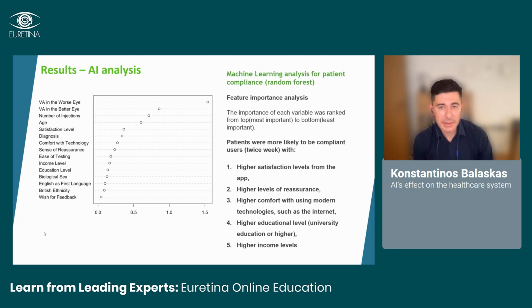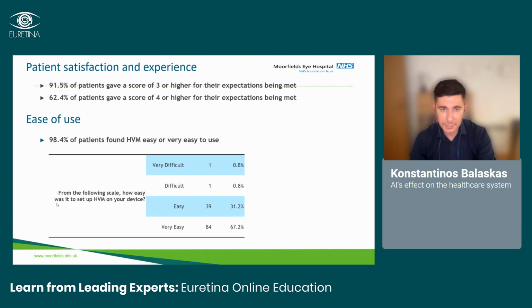And we also found that the level of satisfaction that they experience, the level of reassurance, how comfortable they feel with the use of modern technologies, such as the internet, higher educational level, higher income levels, all of these factors play a role and make it more likely that patients may be able to benefit from these technologies. And the flip side is that we need to develop strategies to mitigate against risks for digital exclusion.